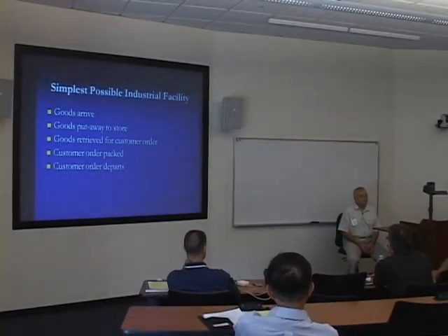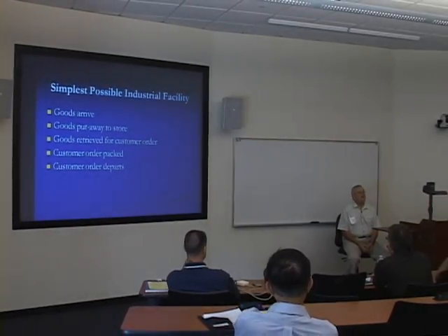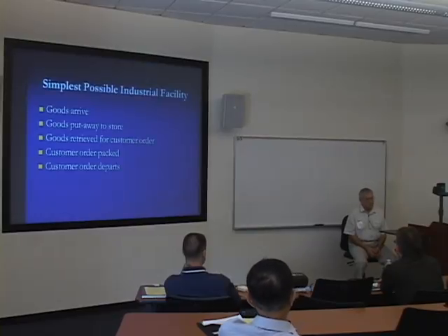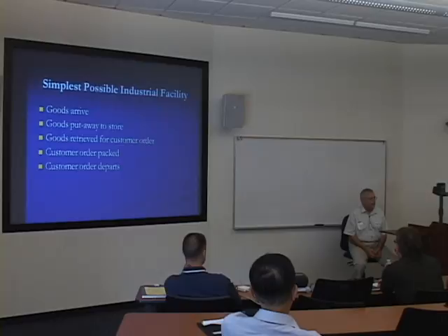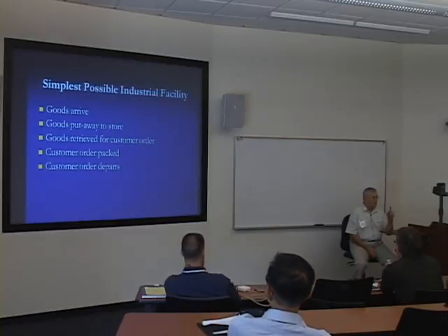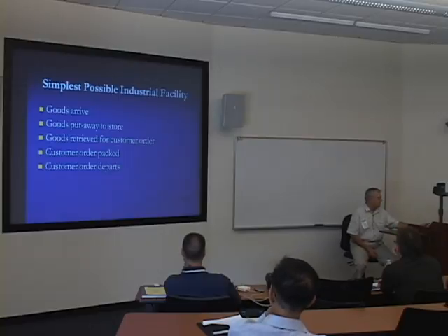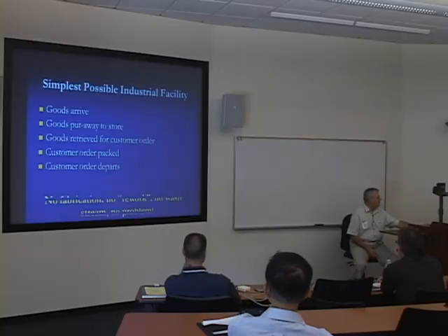It turns out, in fact, I had it exactly backwards. It is much easier to design a semiconductor wafer fab than it is to design a warehouse. And if it's not clear to you when we finish why that's true, ask me at the end.